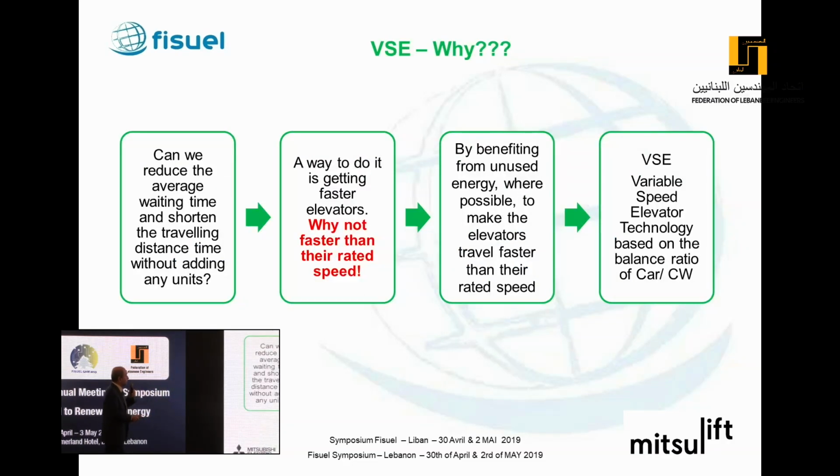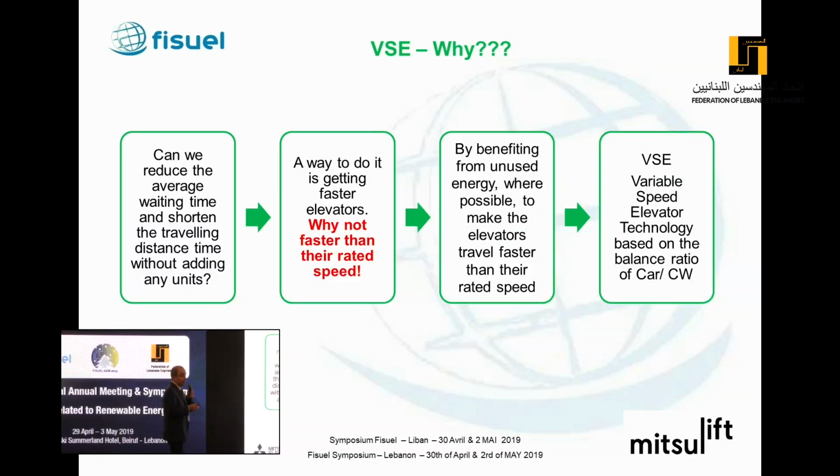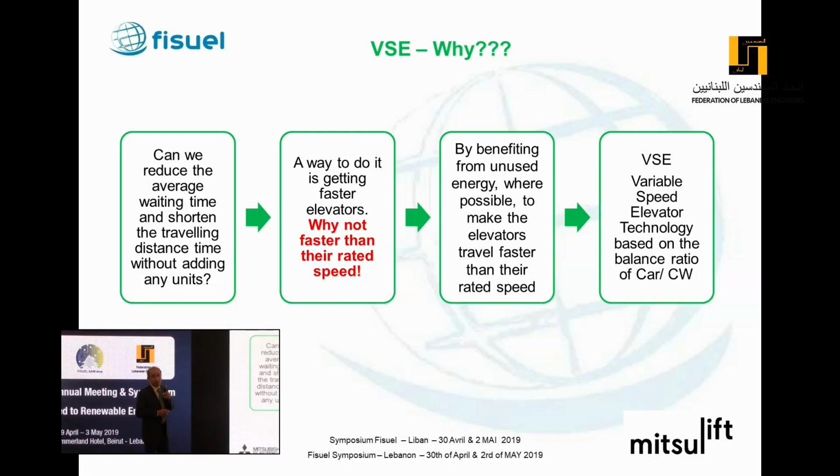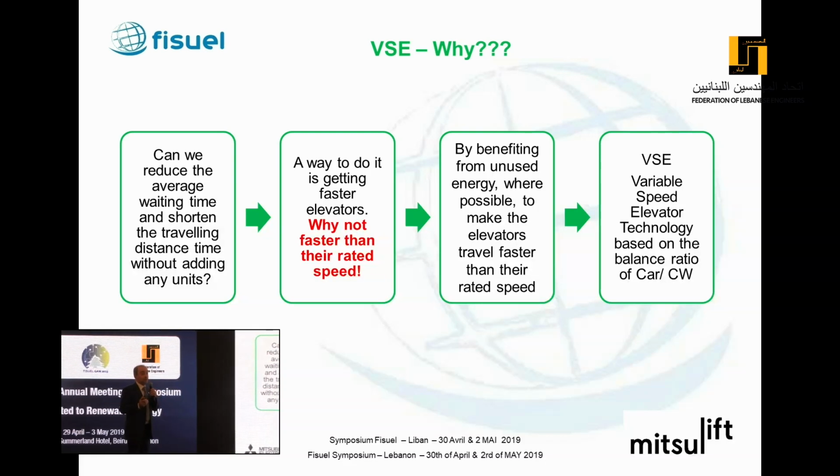Now, how it all started. As Mr. Sur explained, the mechanical power of the traction machine depends on two major items, which are the force and the speed. So if the traction machine or the elevator is not carrying the full load, it means there is unused energy which we can benefit from to increase the speed.